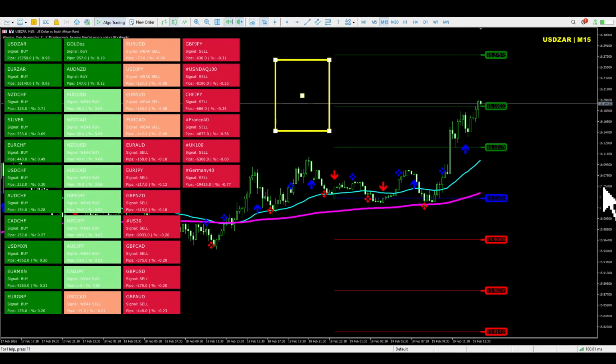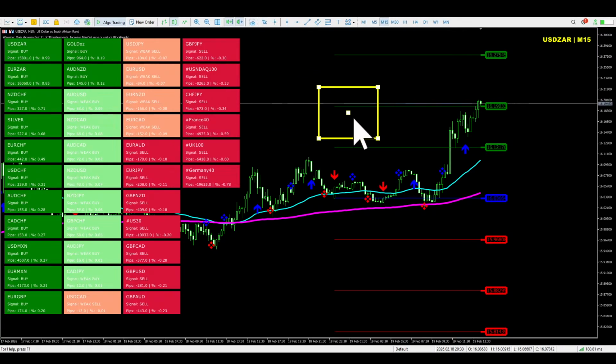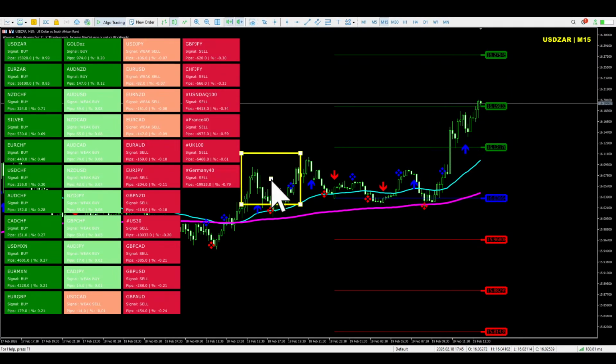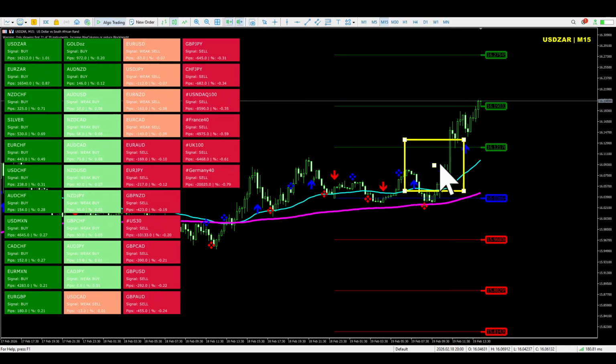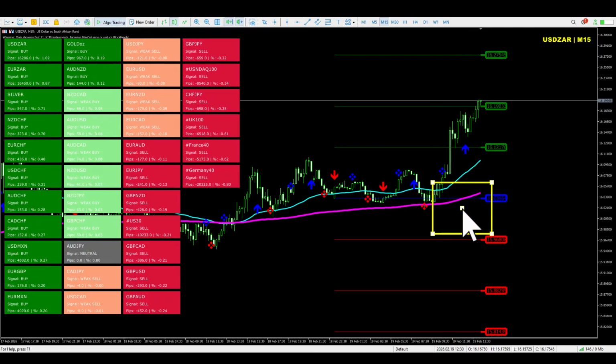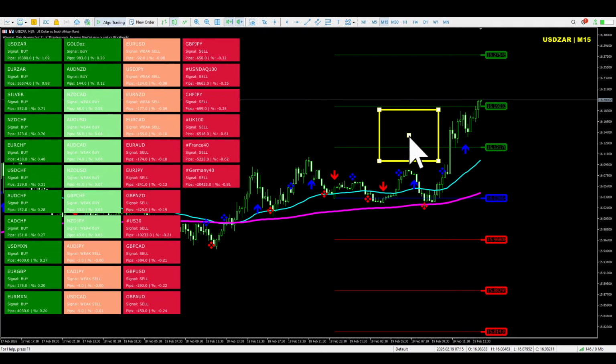Before we confirm an entry, we need to understand if the market is bullish or if the market is bearish. So how do we know if the market is bullish, and how do we know if it is bearish? You do that by looking at the cloud indicator or the 200 EMA. If the price, where the current market is, is above the 200 EMA, it means that you're in a bullish market.